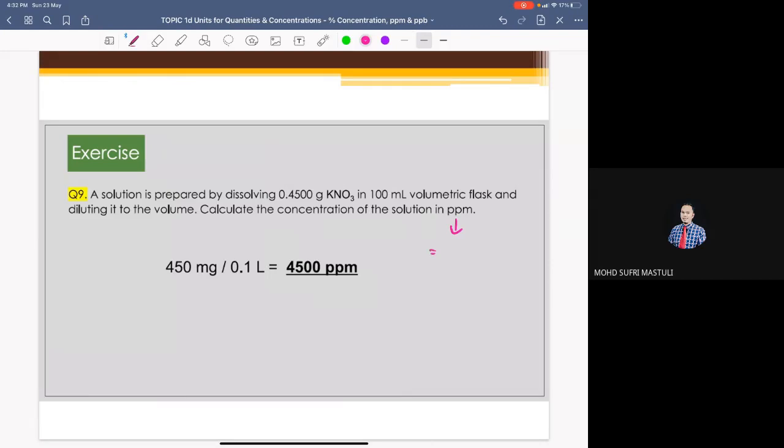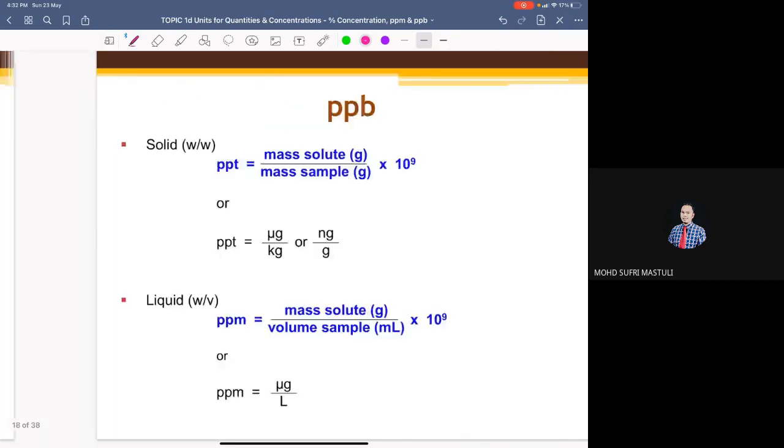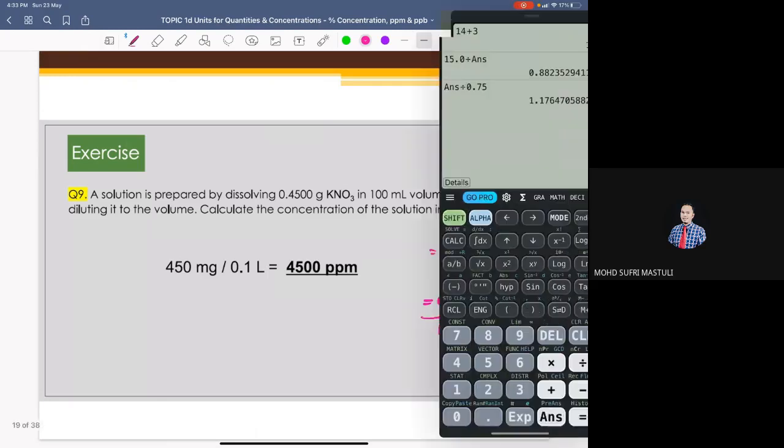Okay, so we have this ppm is gram per milliliter, gram per milliliter times 10 to the power 6. Okay, so 0.545 gram per 100 milliliter times 10 to the power of 6.